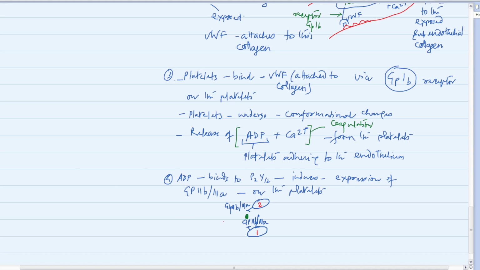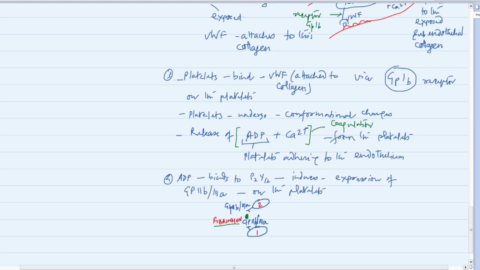So let's label it out here. So the fibrinogen, you get a sandwich between one platelet molecule and the next platelet molecule. In between, you've got this fibrinogen that's kind of like a piece of cheese or something, an analogy.